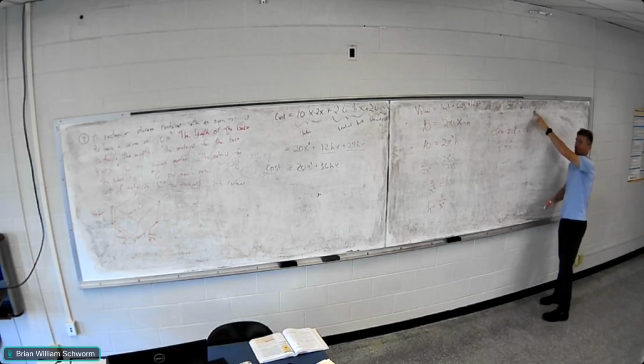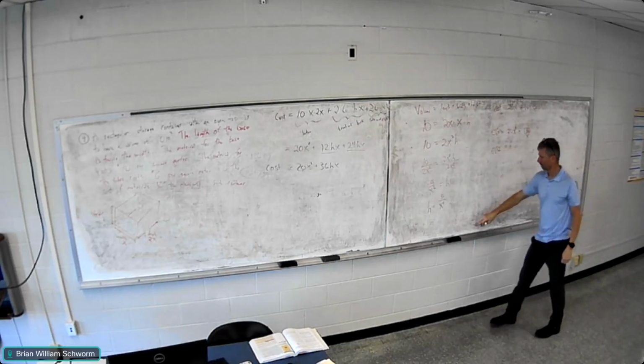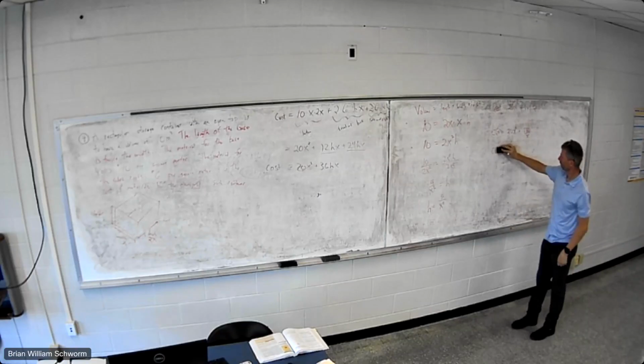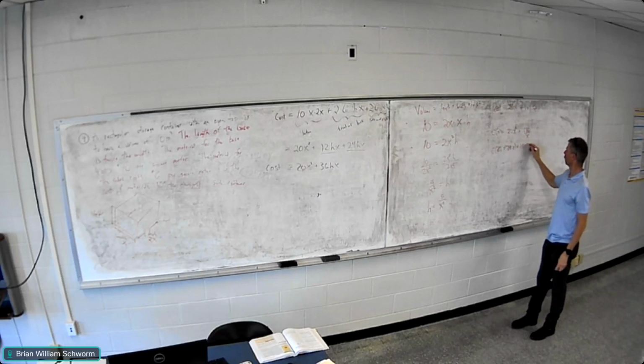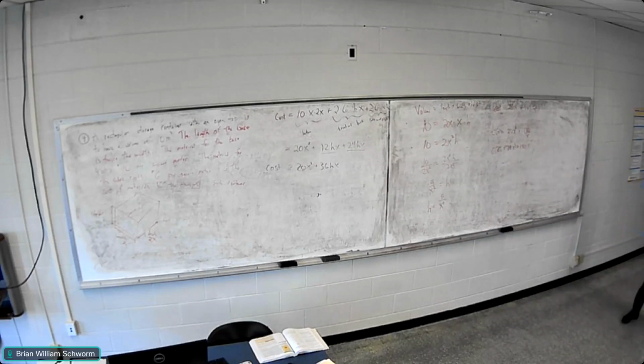So I'm left with an x in the denominator. I'm going to rewrite that as x to the negative 1 just to make it easier to take the derivative, because that's what happens. So anyway, there's my cost function now as a function of x only. Only has x's in there.